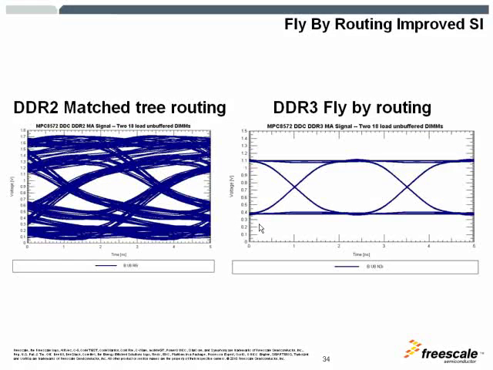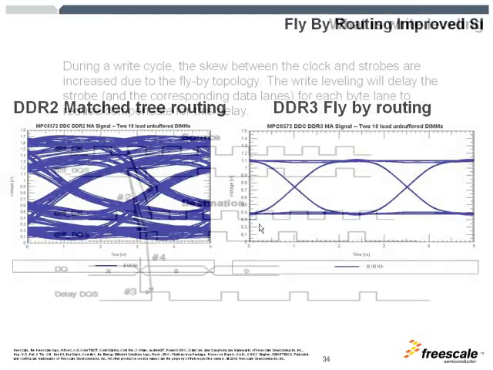The motivation for this flyby topology was to improve the signal integrity, and as you can see here, the flyby topology does improve the signal integrity, and the data eye is much wider on the right than on the left picture.